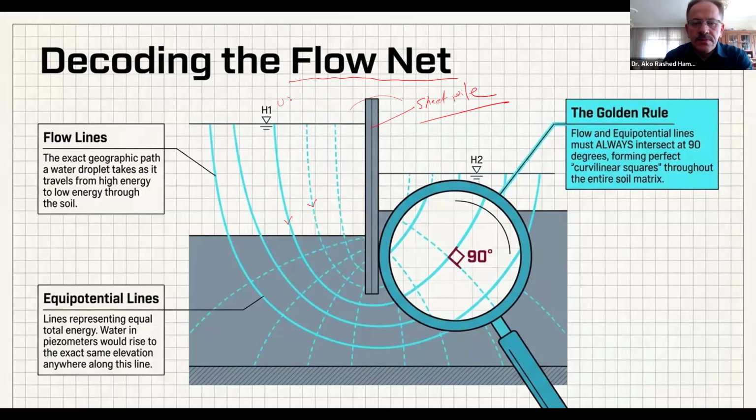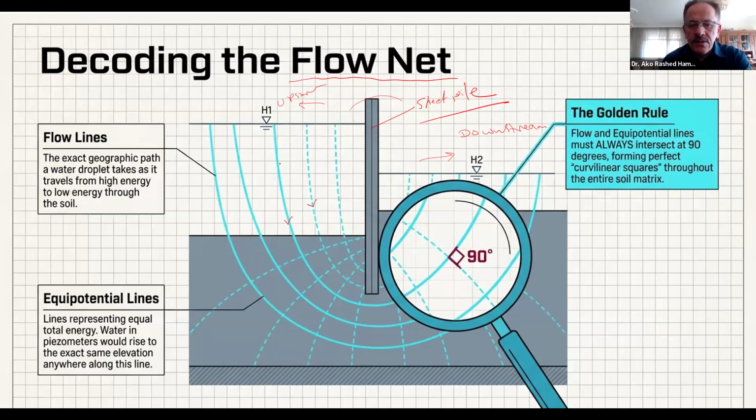So this is upstream. Whenever we have a sheet pile or a dam, sometimes we use a dam to hold water in this part, and this is the downstream.